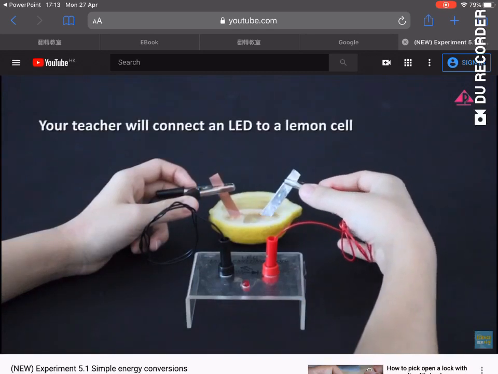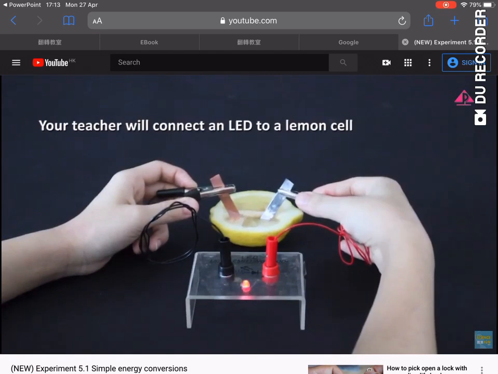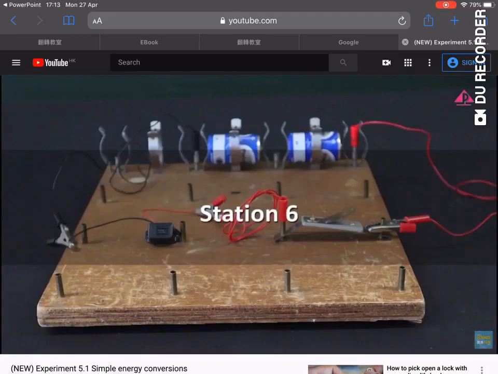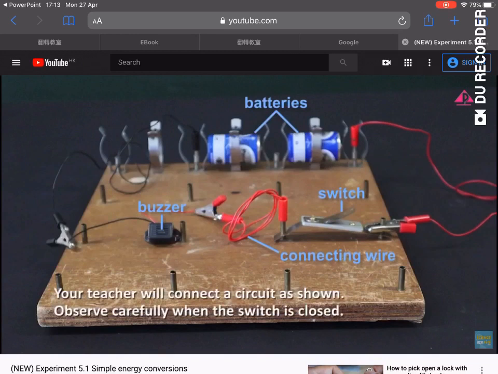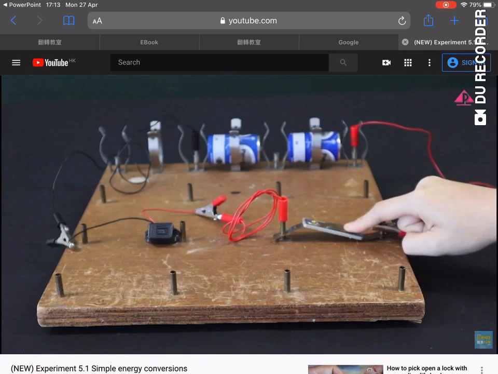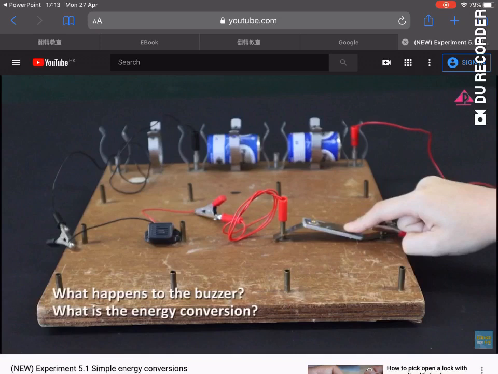Your teacher will connect an LED to a lemon cell. What happens to the LED? What is the energy conversion? Your teacher will connect a circuit as shown. Observe carefully when the switch is closed. What happens to the buzzer? What is the energy conversion?